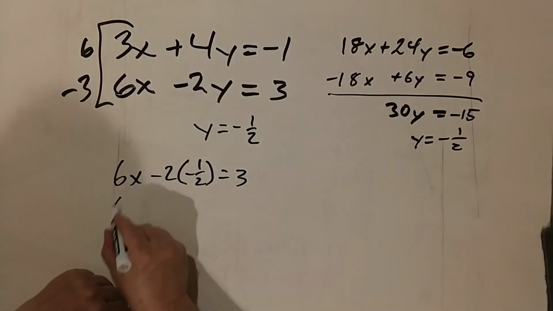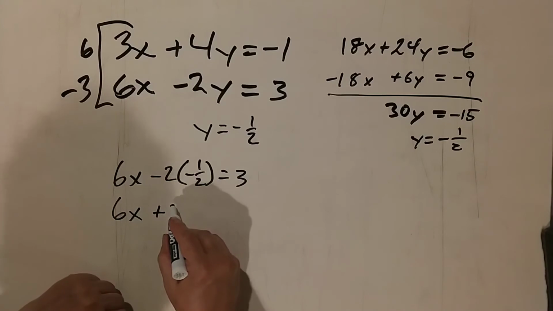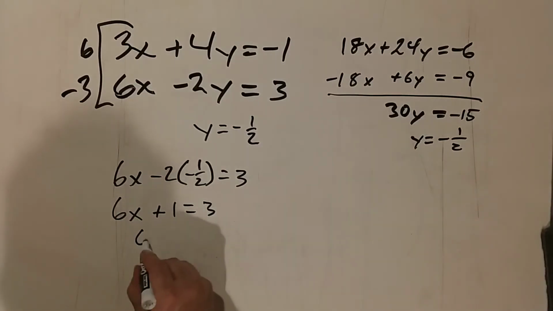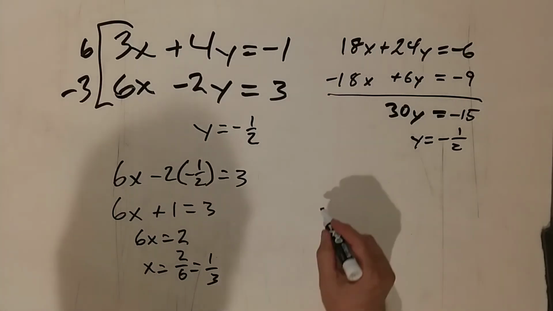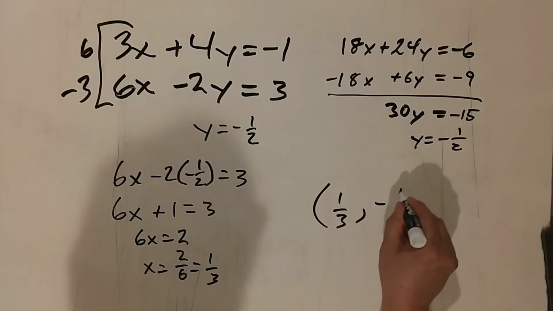This means 6x plus 1 equals 3. So 6x equals 2. X equals 2 over 6, or 1/3. So the solution is 1/3, negative 1/2.